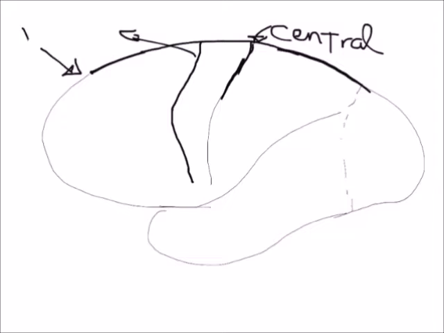This is the central sulcus of the brain. In front of the central sulcus, one finger breadth, we will find another parallel sulcus, which is the pre-central sulcus.